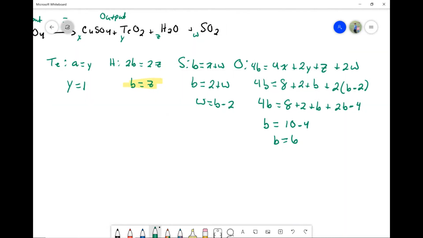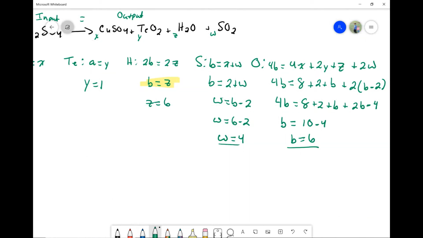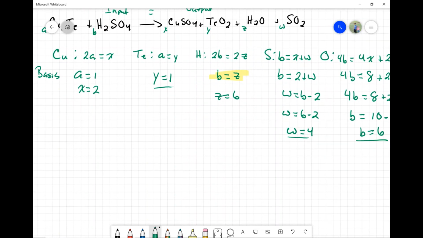All right, b equals 6. Now we can plug this 6 here. So w equals 6 minus 2. W equals 4. And now b equals z. B equals 6. Z equals 6. So we have a coefficient now for every variable.